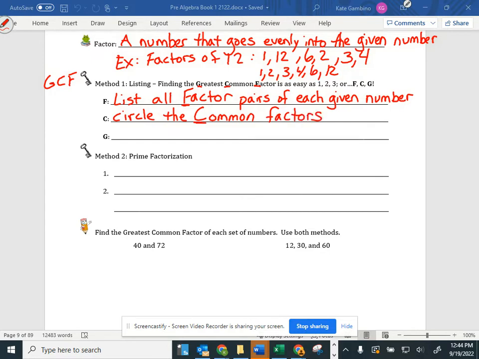So if you want to find the greatest common factor between two different numbers, you list all the factors of one number, you list all the factors of the other number, then you circle all the factors that they have in common. Then our last one is identify the greatest common factor.